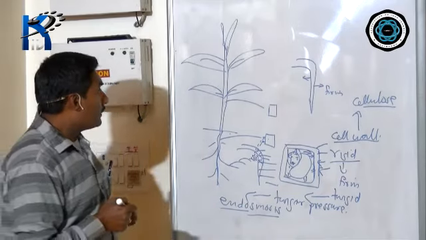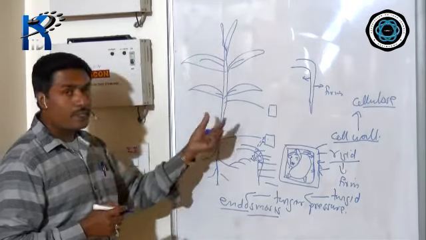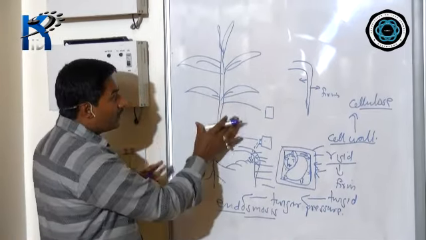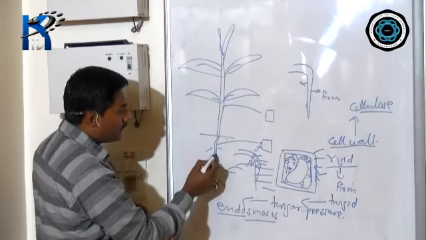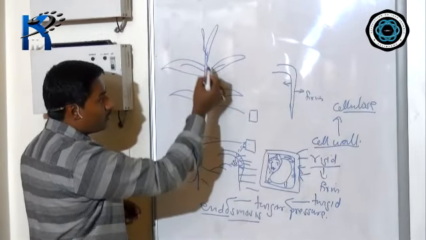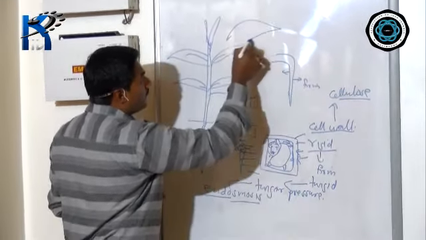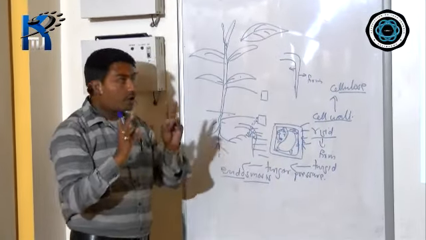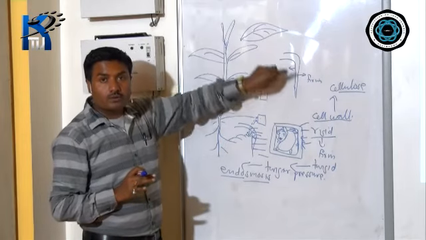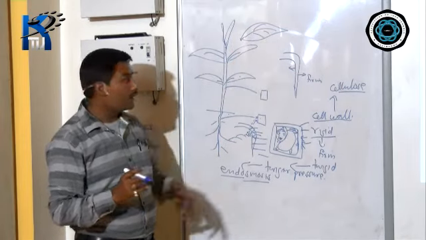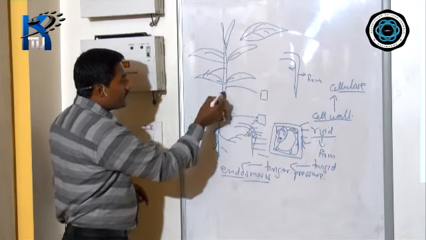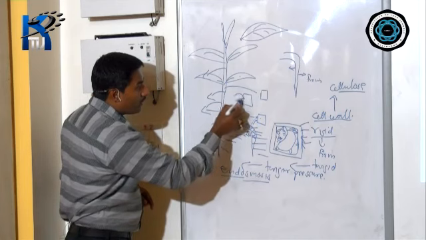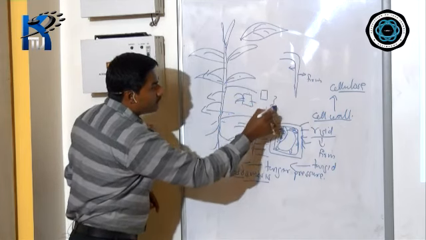Another thing is that the shape of each and every part of the plant, whether it is root, shoot, or leaf, is maintained due to the turgor pressure, due to the turgid condition. If by exoosmosis the water comes out of the cell, automatically this cell will shrink.